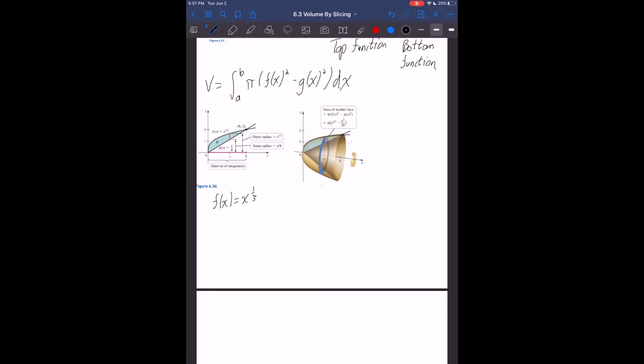So I have f of x equals x to the 1/3. My g of x will be the line, g of x equals x over 4. So what that means is I can plug things in, and my volume is going to be the integral from 0 to 8 of pi times x to the 2/3, right? That's just what x to the 1/3 squared is.